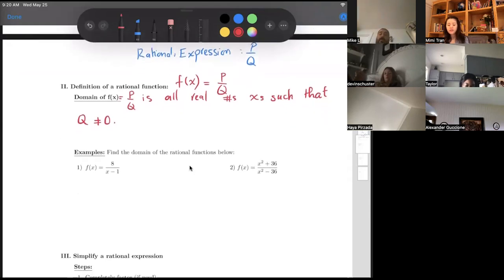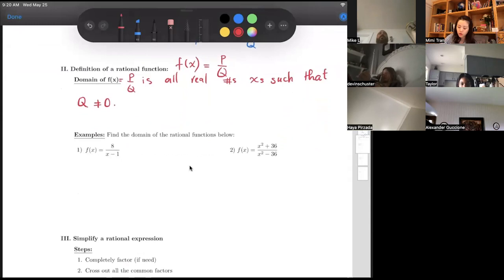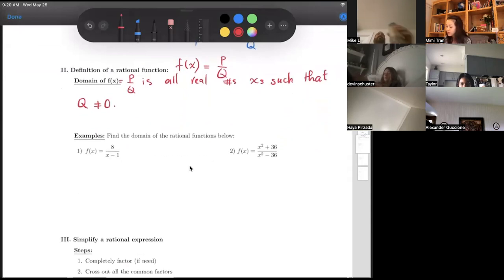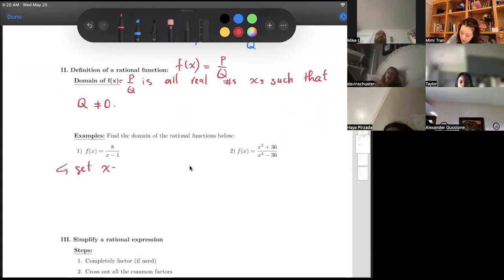So let's find the domain of a rational function below. Again, when you see a fraction, you have to keep in mind that the denominator cannot be equal to 0. So because the denominator cannot be equal to 0, I'm going to set x minus 1 not equal to 0, right? And then you solve for x. So x cannot be equal to what?